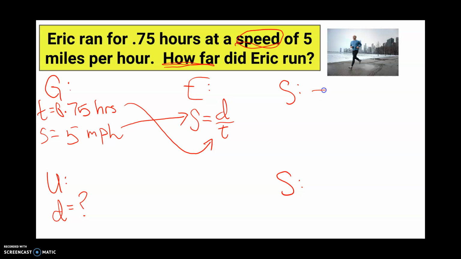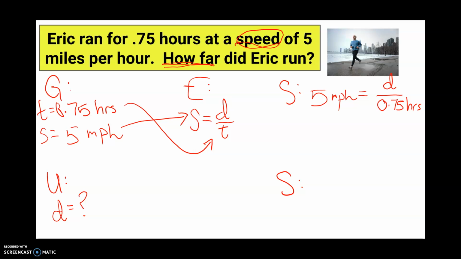So 5 miles per hour is my speed, which is equal to the distance, because I don't know what that is, so I put D over my time, 0.75 hours. Now, I can't plug this into the calculator, because if I put 5 equals, it's going to just give me 5. I have to manipulate the equation and do some more substituting here.